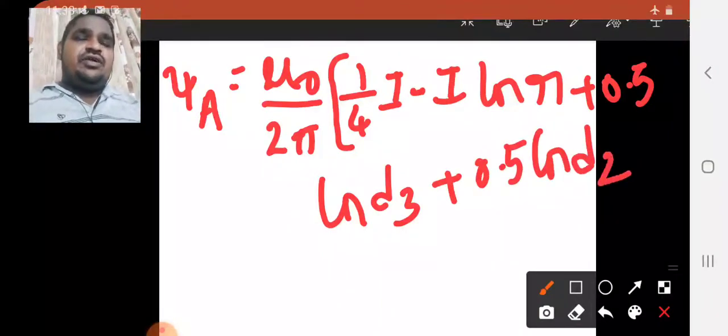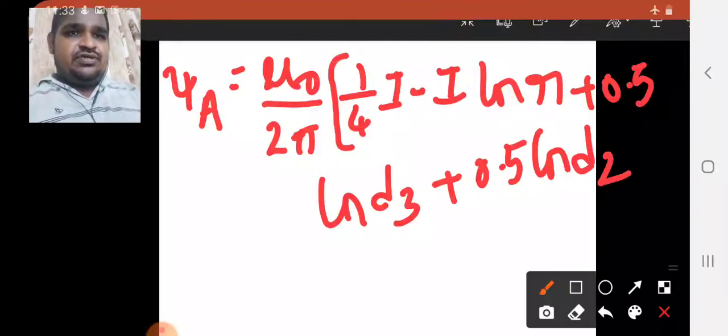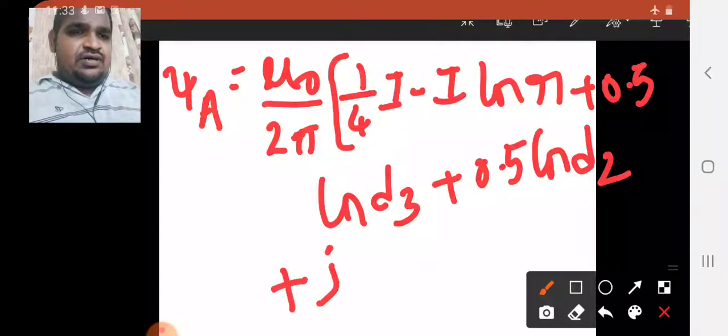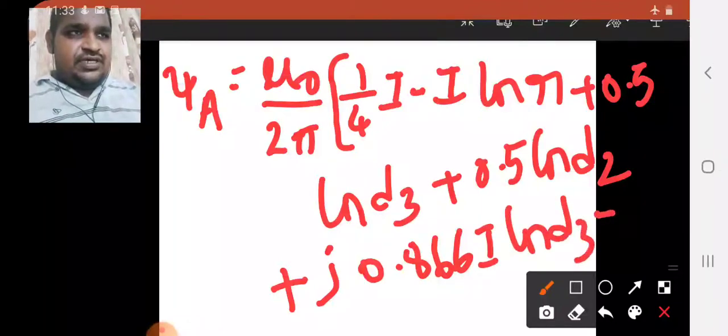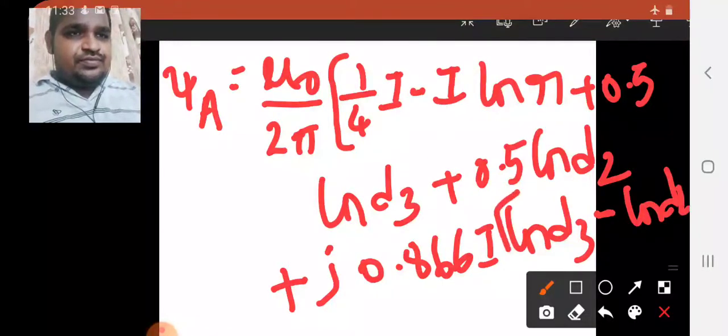Yes, all these are real terms. Now I am writing the imaginary term, plus J 0.866 I into ln D3 minus ln D2.